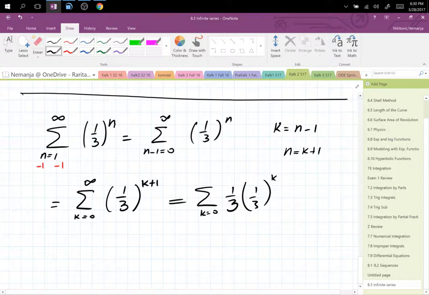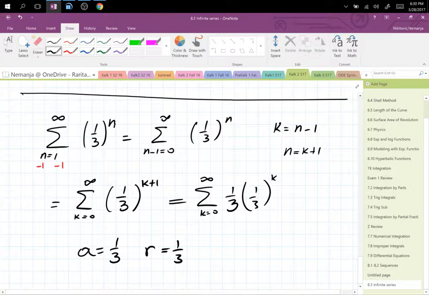K goes from 0 to infinity. Look, your a is no longer 1. It's now 1/3, right? Do you agree that this 1/3 has the exponent of 1? And when I multiply it, it will be k plus 1? So that's what I mean by peel off. You bring 1 in front. So now a is equal to 1/3. R is equal to 1/3.